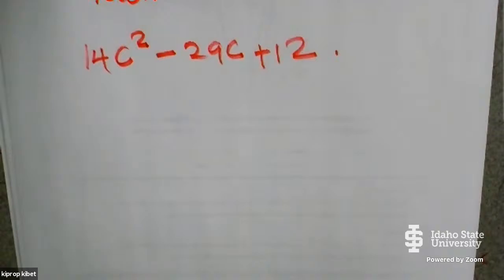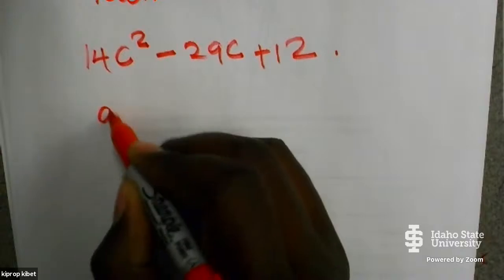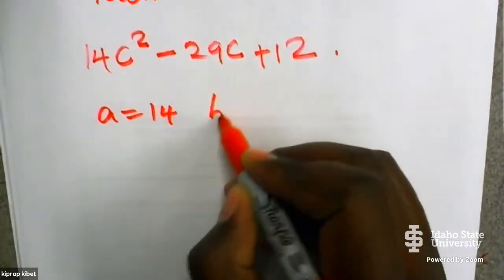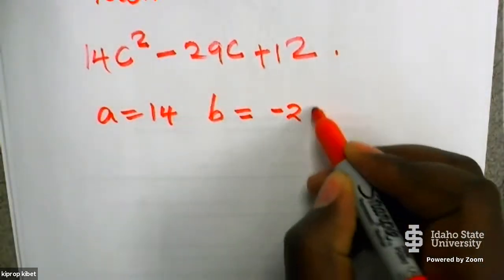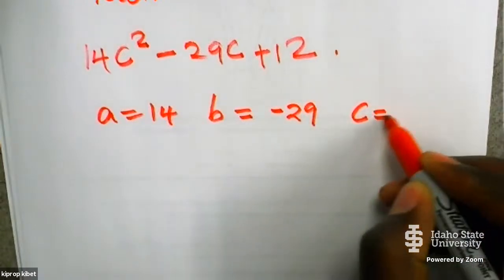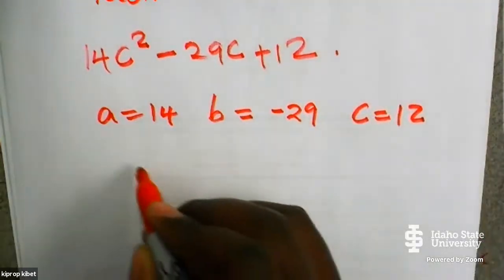Factorize that. So we know our A is 14, our B equals minus 29, and our C equals 12.